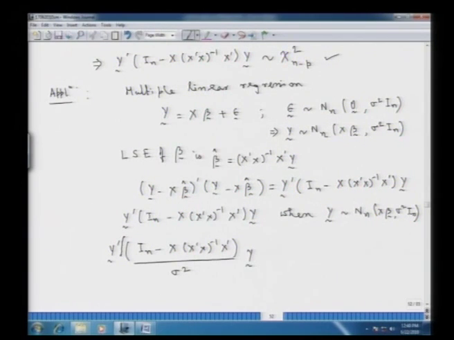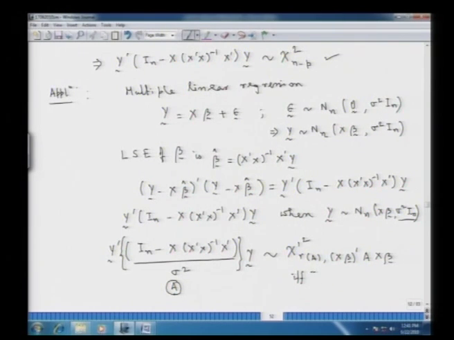Now, considering this particular element as the matrix A, we will be able to show that this follows a non-central chi-square on rank of A degrees of freedom, with non-centrality parameter X beta transpose A times X beta, if and only if A times the sigma matrix, which is sigma square In, is idempotent.